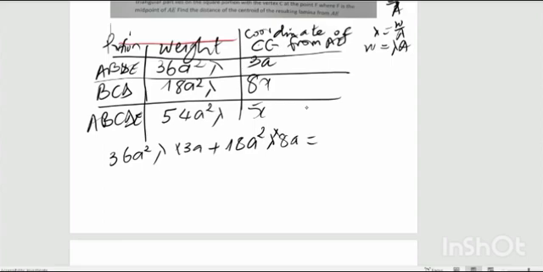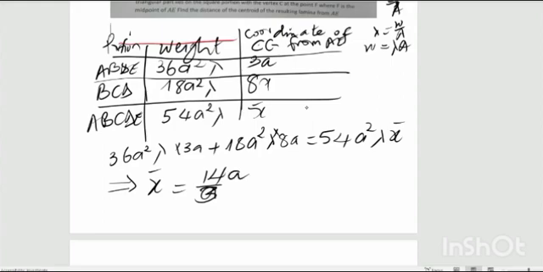And the sum total here is 54a squared lambda times x bar, which makes x bar the subject. After simplifying, we have 36a squared times 3a plus 18a squared times 8a, and when you sum all of that and divide by 54, we're going to have 14 over 3, 14a over 3.